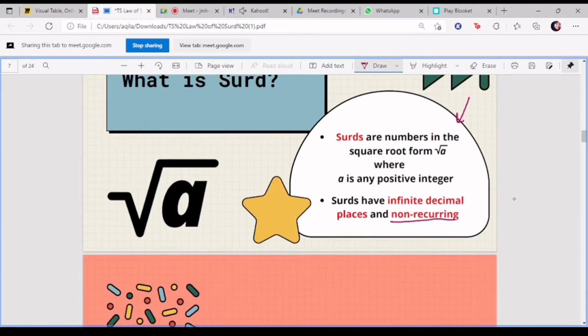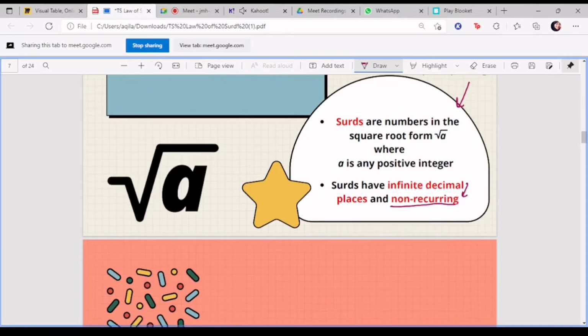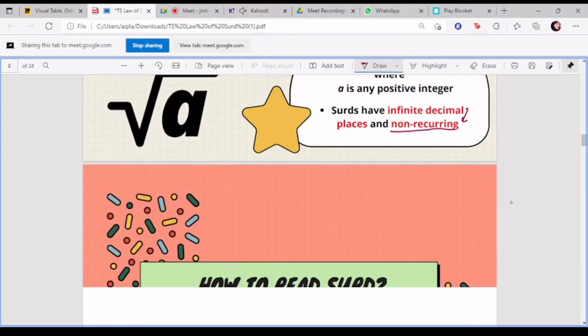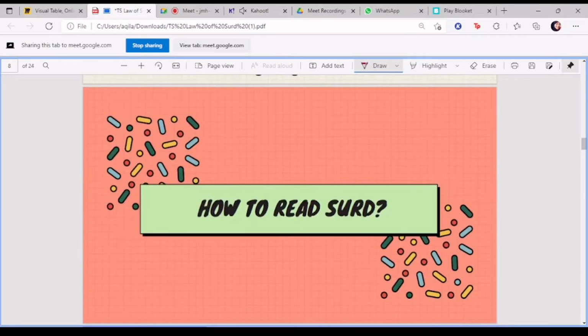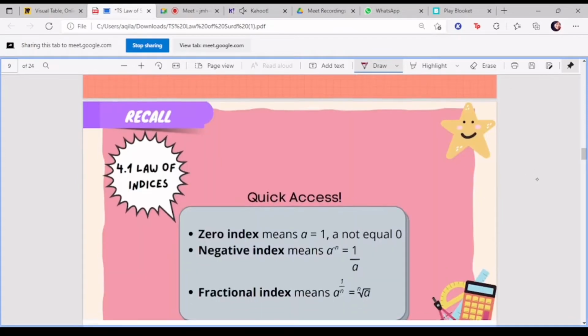So, do you have any idea on what is non-recurring? No, teacher. Okay, this is okay because I am not sure. Never mind. Later we will see the example. Firstly, in order for you to learn the surd, you need to know how to read surd, how to pronounce the surd correctly.